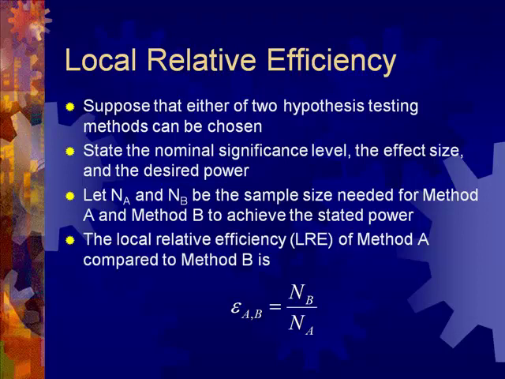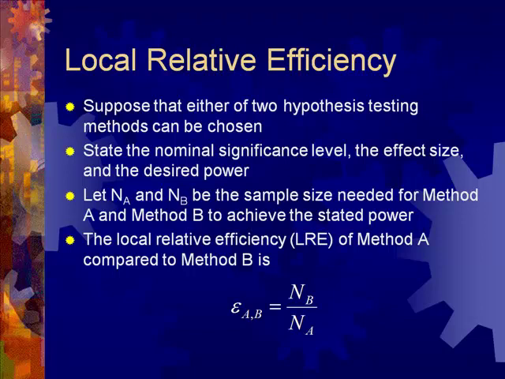The local relative efficiency of method A compared to method B is given by the sample size needed for method B divided by the sample size needed for method A. And we symbolize this local relative efficiency with epsilon sub A comma B. So think about this for a moment.